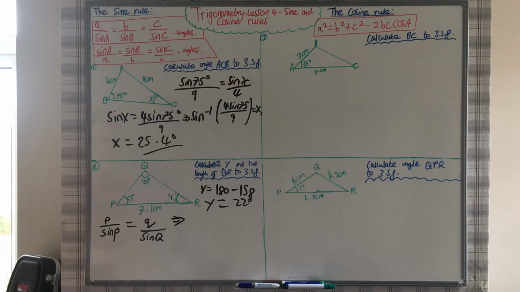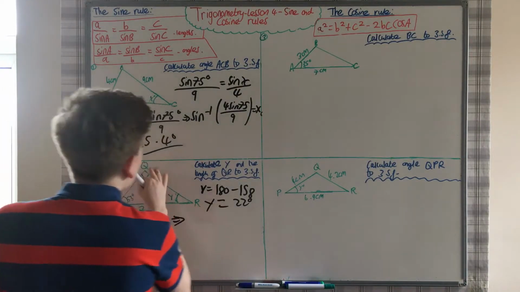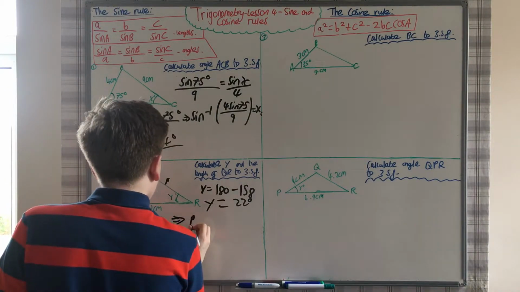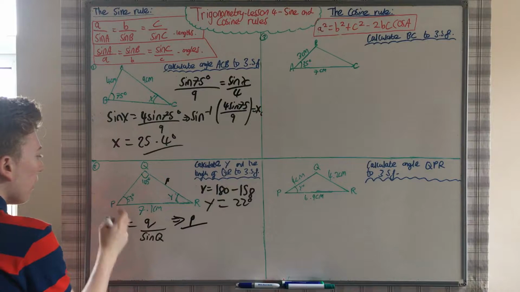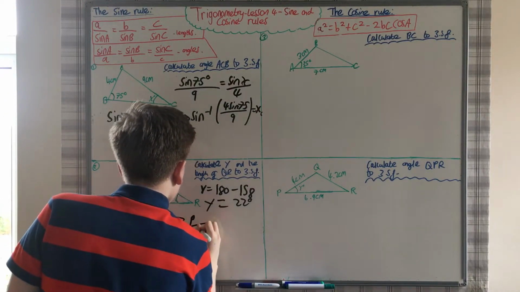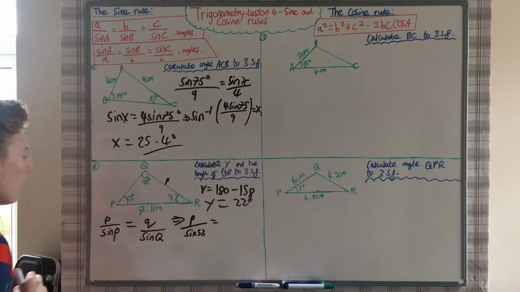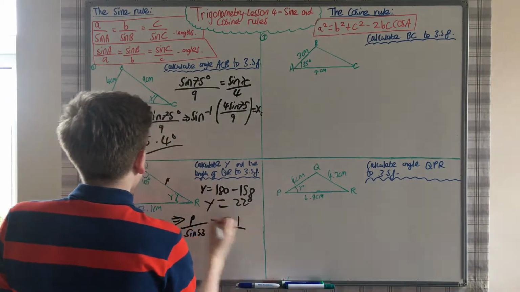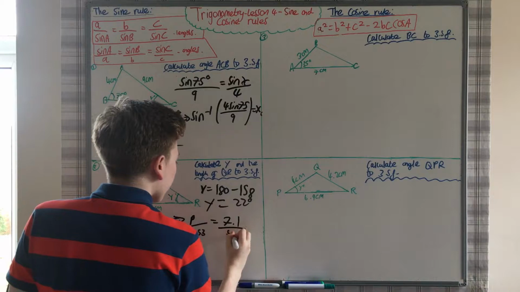Well, we know that p is what we're trying to find, that's simply QR, divided by sine P, that's sine 53, is equal to 7.1 divided by sine 105.